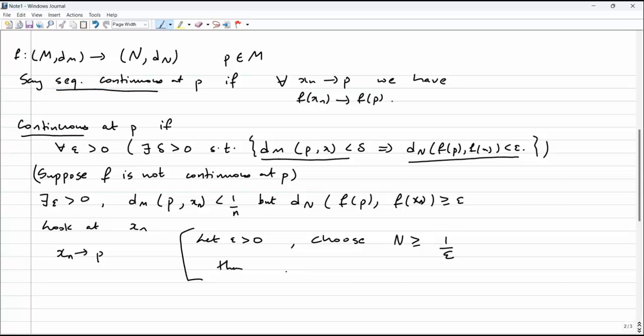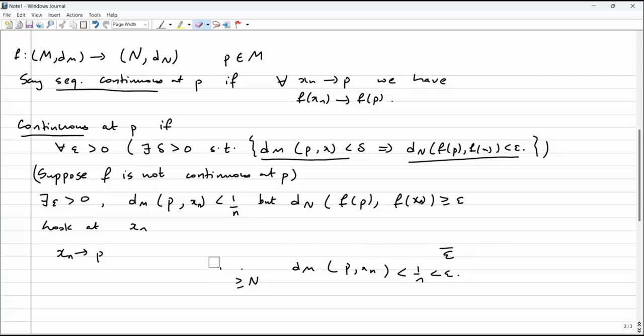Then whenever n is bigger than or equal to that, the distance between p and xn is less than 1 over n, which is less than epsilon. Although it's intuitively clear, if you want to write it down, you can write it in this fashion. So we have a sequence that converges to p because we chose the distance between p and xn to get arbitrarily small. So xn tends to p.